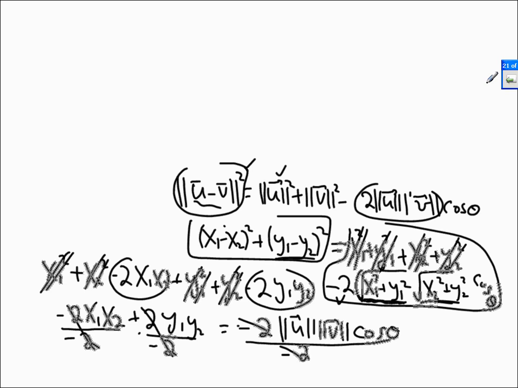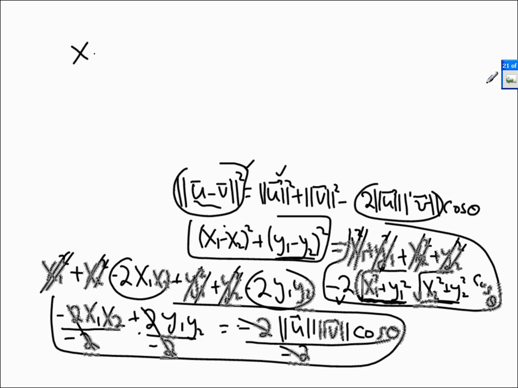And we're almost done. Now I'm going to write this on the top. x1, x2 plus y1, y2 is equal to the length of u times the length of v times cosine of theta.